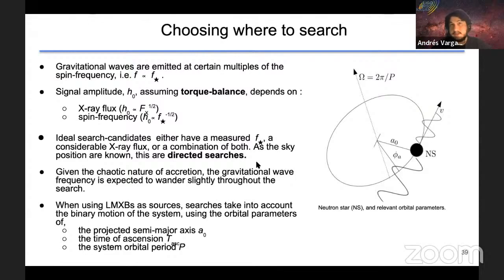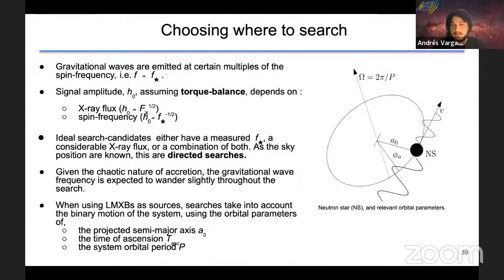These kinds of searches can be either narrowband if we know the spin frequency, or directed searches when we don't know the spin frequency. Given the chaotic nature of accretion, we should expect these gravitational waves to wander slightly throughout the search, so that adds another layer of complexity to our problem.